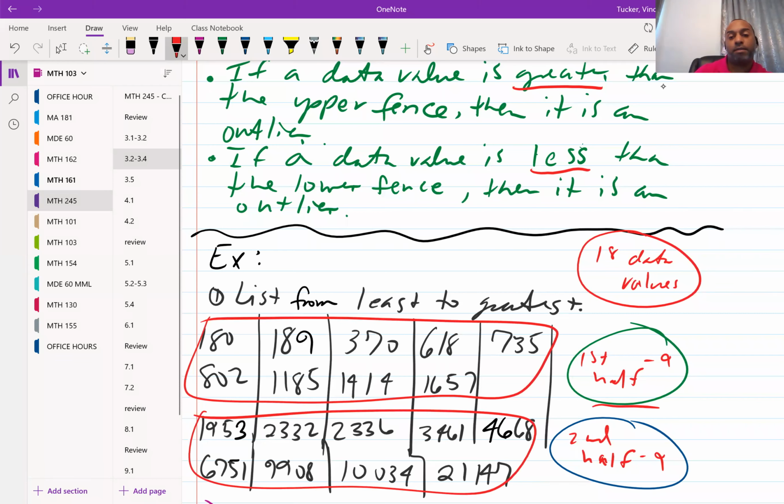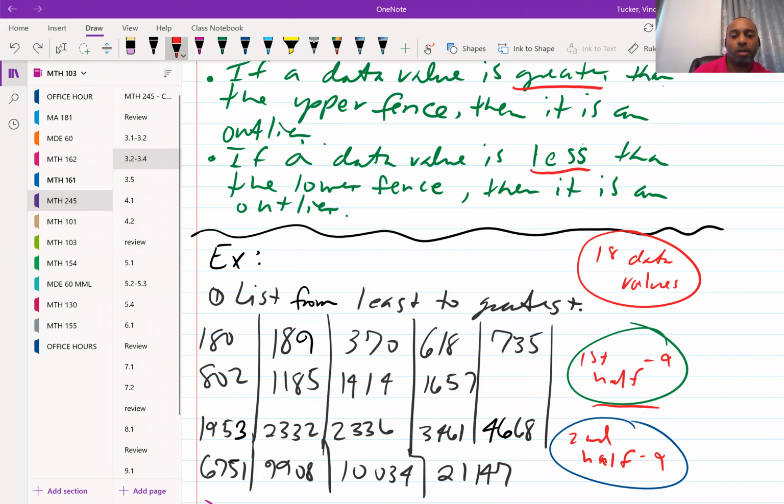I broke it up in half, just to help me with breaking up my data set. You don't have to do that, of course, but you do have to list it from least to greatest. But I think it is to your benefit to break it up into the first half of data, second half of data. So once again, I counted off my data values. I had 18 data values, so I wrote the first 9, then I wrote the second 9. Any questions on that?